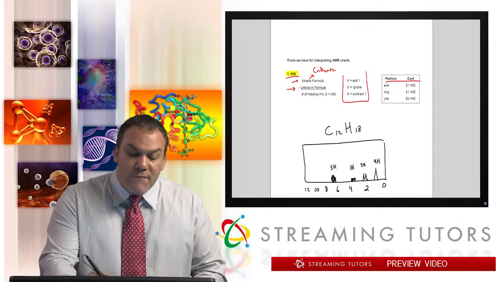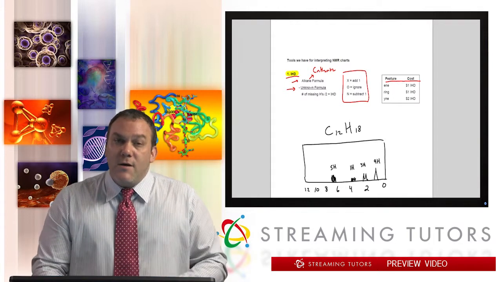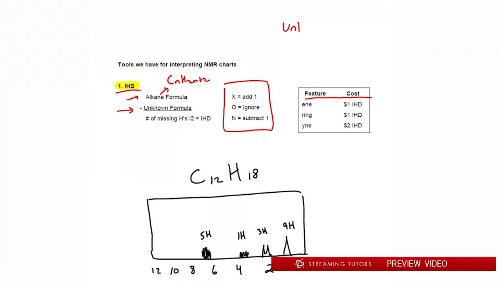Now, remember that you have to sometimes sanitize your data. So in other words, if your unknown has any of these here, halogen or nitrogen or oxygen, this is what you do in terms of sanitizing the number of H's. Remember, our goal is to figure out how many H's we're missing. But these 2 groups, halogen and nitrogen, they screw up your process. So we have to add things or remove things from our formula.